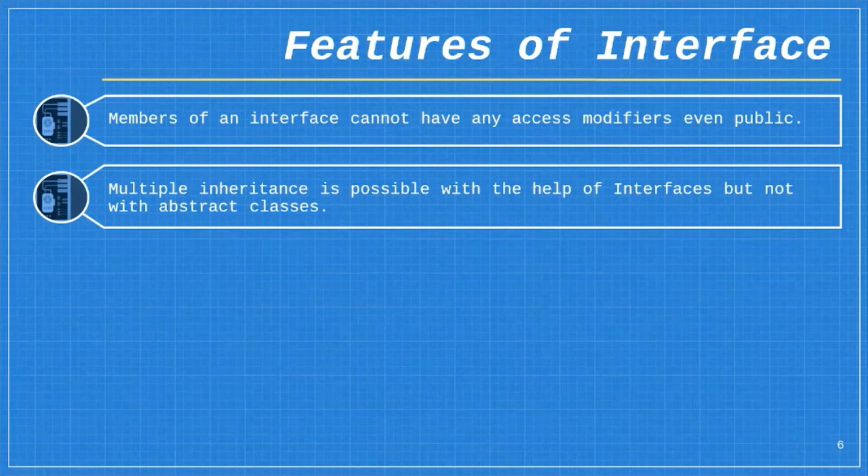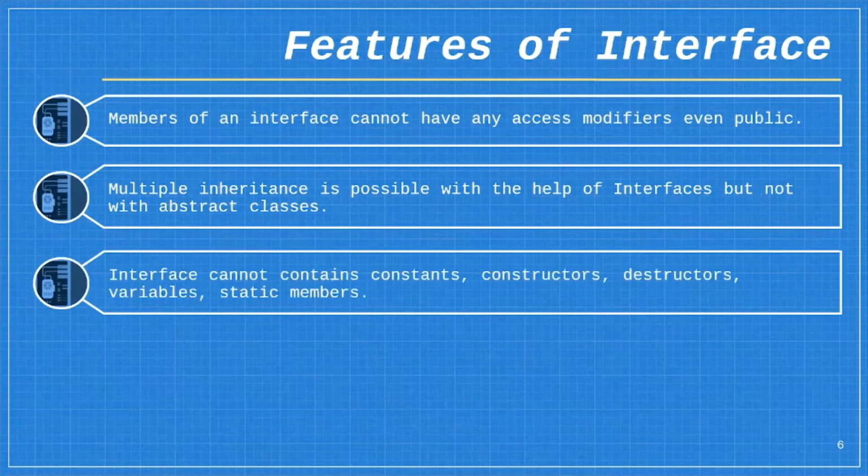One class can inherit from multiple interfaces, so multiple inheritance is possible with the help of interfaces. An interface cannot contain constants, constructors, destructors, or static members, since an interface doesn't provide any type of implementation.